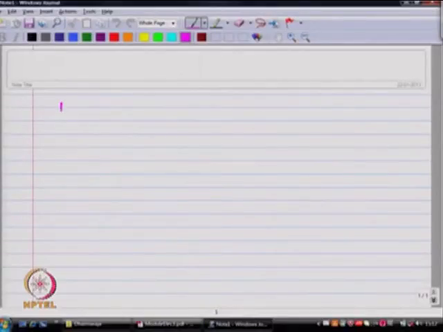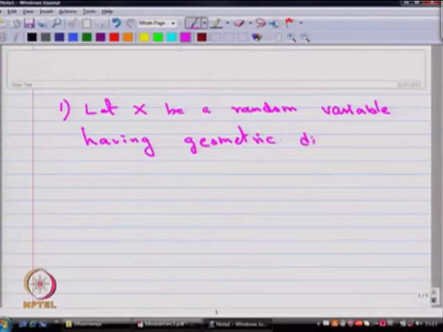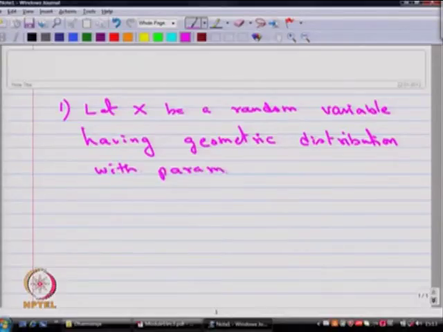As a first problem, let X be a random variable having geometric distribution with the parameter p.